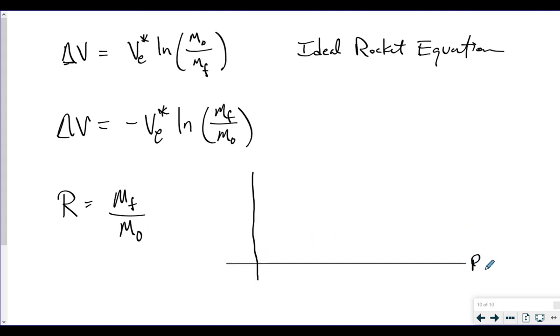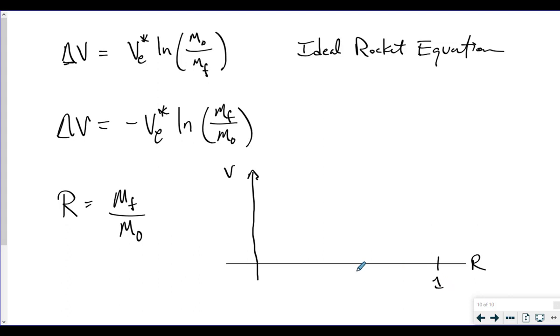So if I make this the axis for this ratio of the mass, the final mass to the initial mass, and make this axis some velocity, I can look at the difference in velocity and how that's affected by this mass ratio R. So one of the things we could notice is that if there was no difference between final and initial mass, if these were equal, the ratio R is 1, so we put 1 right up here.